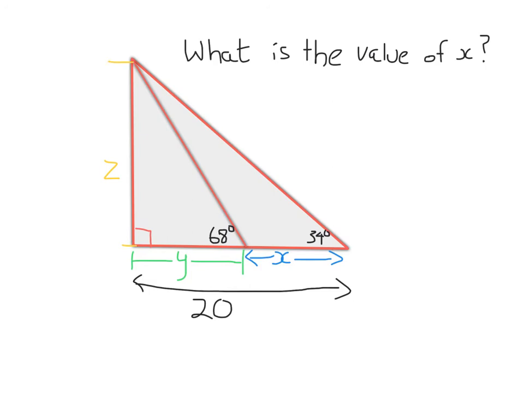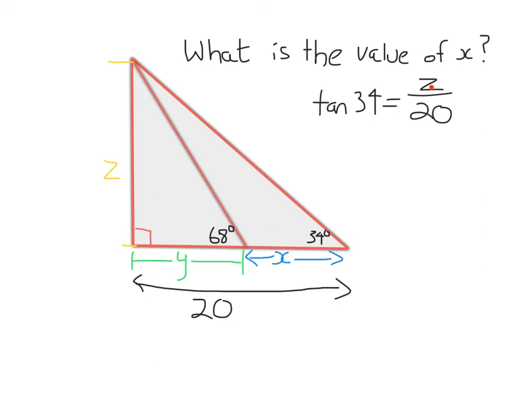So the way I calculate z is using the big right-angled triangle because I have this side here and an angle. Side and an angle is all I need to use trigonometry to find what z is. So here I have the adjacent side to the 34-degree angle, and z is the opposite side. So I have tan 34 equals opposite over adjacent.